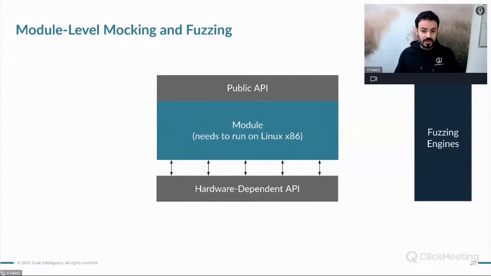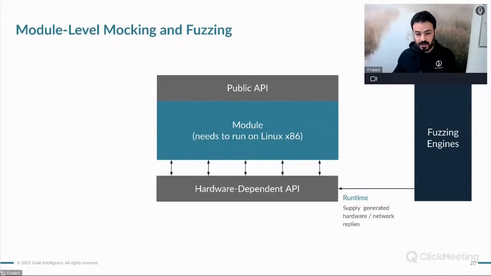We have the public API, which are functions that are provided by the module to other modules to use, and this needs to be fast. And we need to mock the hardware dependencies, basically to replace or stub all calls to the actual hardware with fuzzer generated inputs.